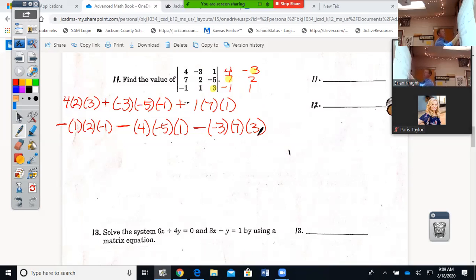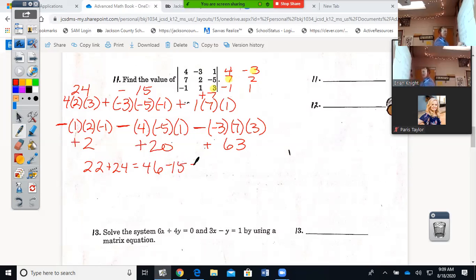Let's see if we do. So that's 8 times 3 is 24, minus 15, plus 7. That's going to be plus 2, plus 20, plus 9, 63. 9 times 7, 63. And if you added 20 and 2, that's 22. 22 plus 24 is 46.